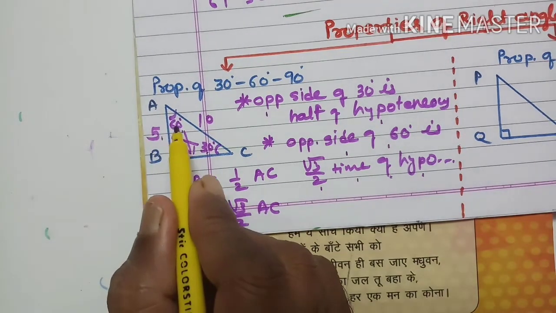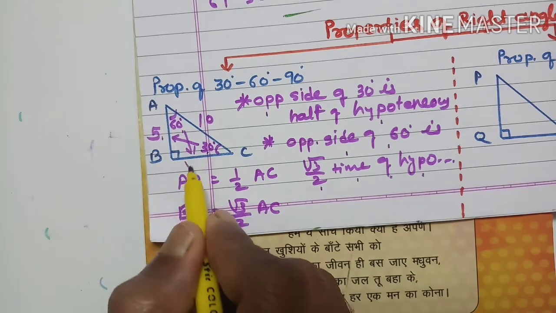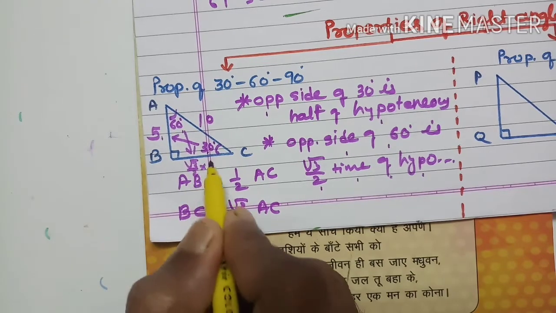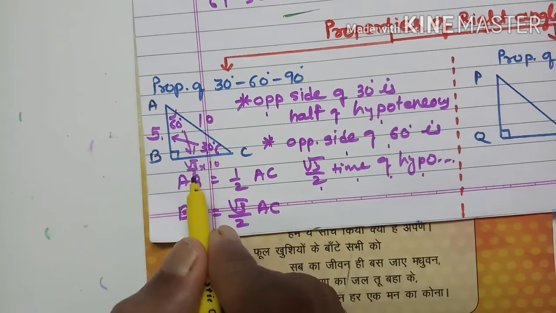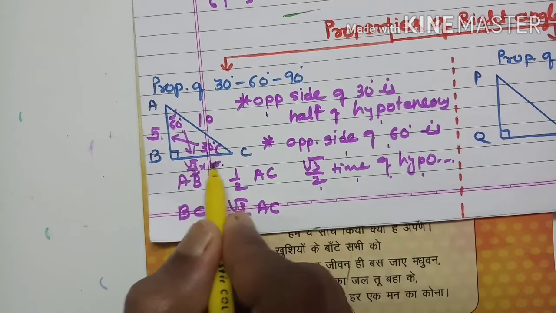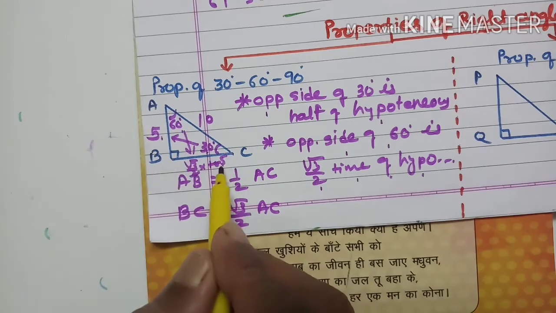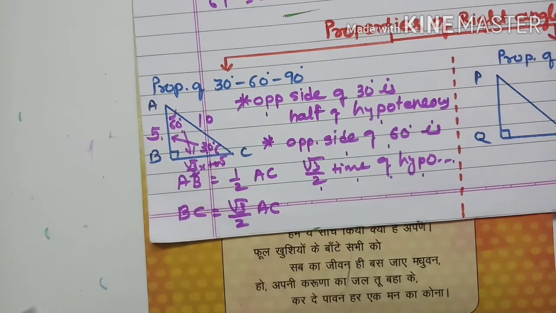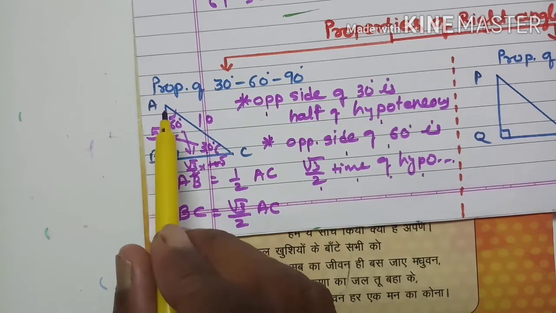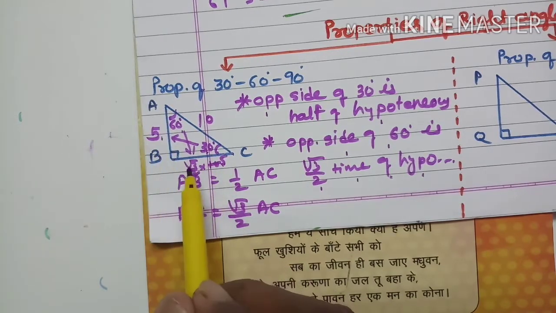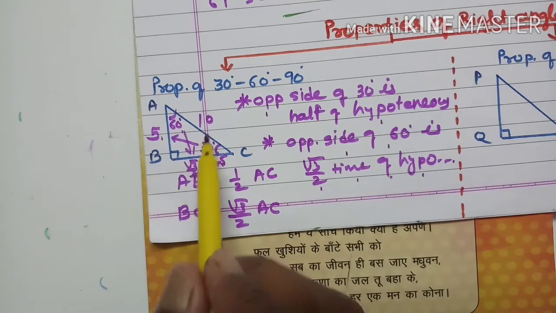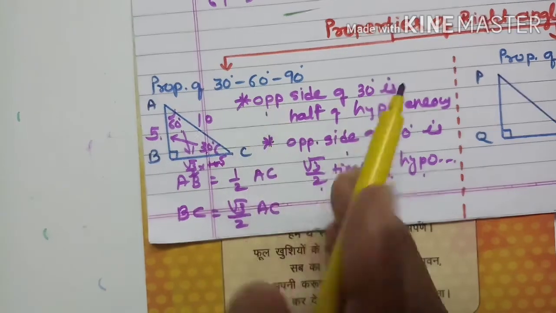The opposite side of the 60 is root 3 upon 2 of the hypotenuse, root 3 upon 2 into 10, so 2 fives are 10, it's 5 root 3. So the length of BC is 5 root 3. This is how, if the length of any one side is given, we can find the lengths of the remaining two sides in a 30, 60, 90 triangle.